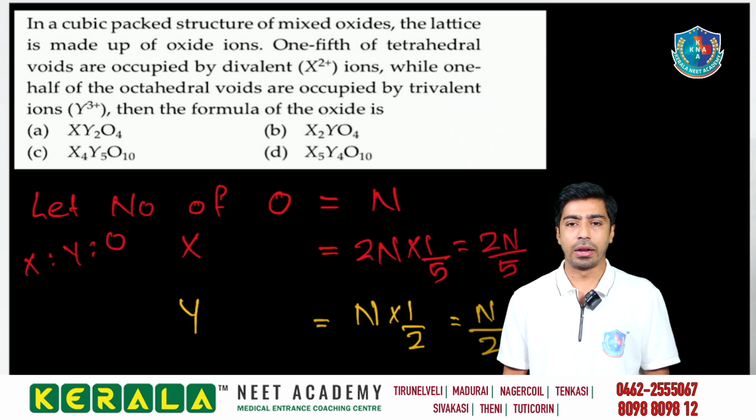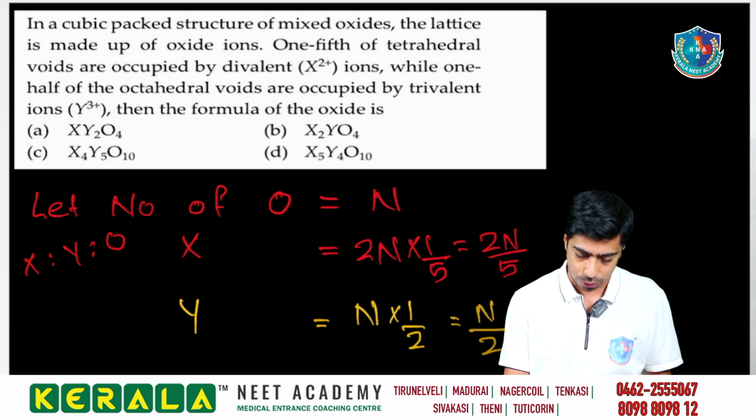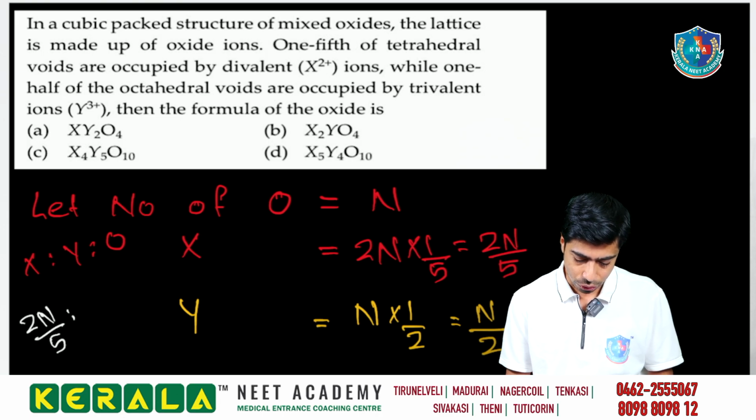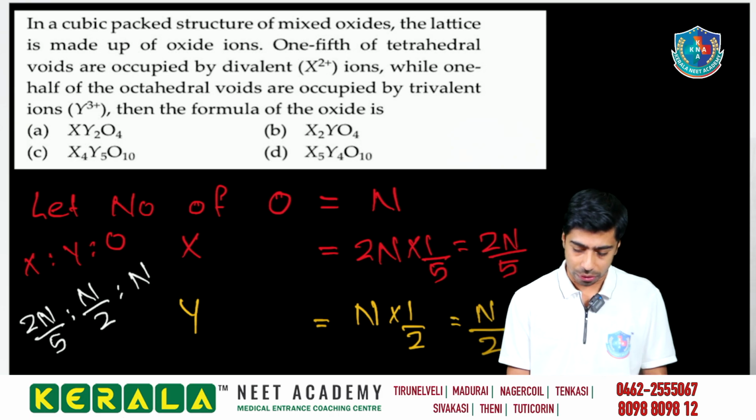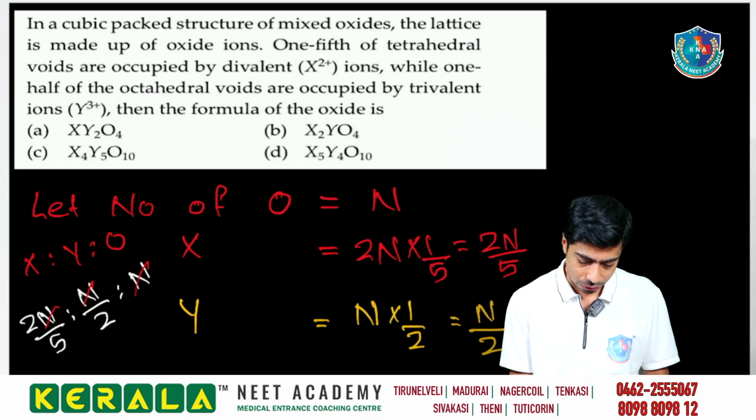So we'll calculate x is to y is to O. x will be 2n by 5, y is n by 2, and oxide we took as n. So all the n will be cancelled, and we'll get 2 by 5 is to 1 by 2 is to 1.